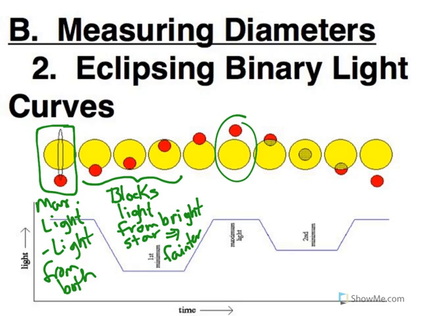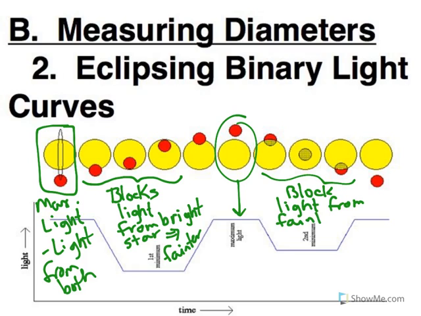Then we're back to maximum again. And then we're going to block light of the fainter star. And so it gets fainter, but not as faint, because we're not blocking out something that is as bright.